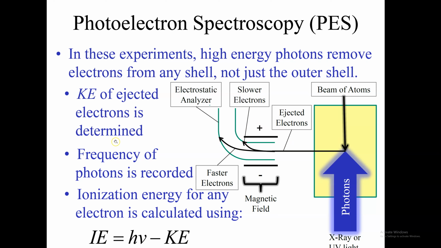The kinetic energy of the electrons is determined by how fast they are moving. Some electrons have very high energy, so they're going to shoot to this side, and some of the lower ones are going to be in there. They also record the frequency of the photons, in other words the wavelength times that amount.